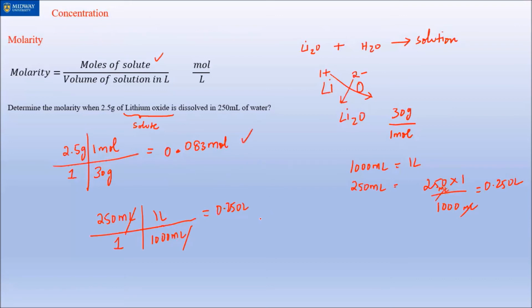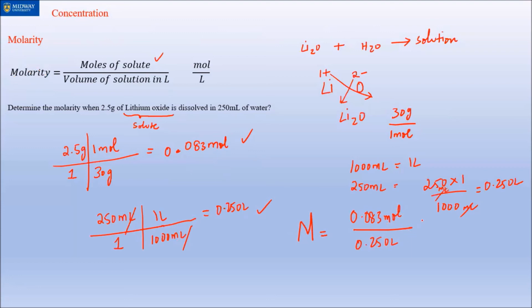We know our numerator, we know our denominator, and the actual way of defining molarity is uppercase M, which means molarity. So it's 0.083 moles over 0.250 liter. You see, we got our moles over liter unit back. That means we're on the right track.